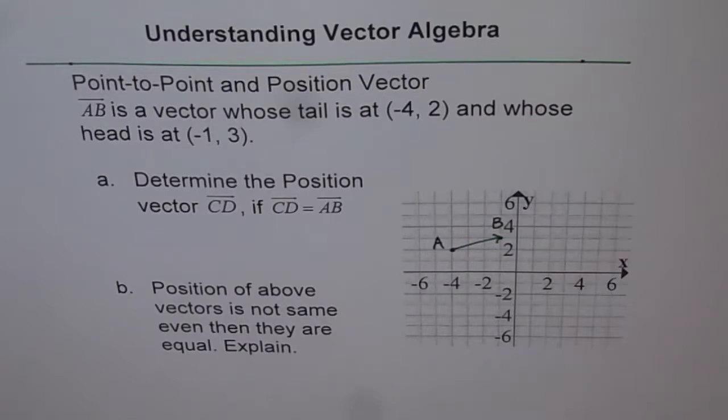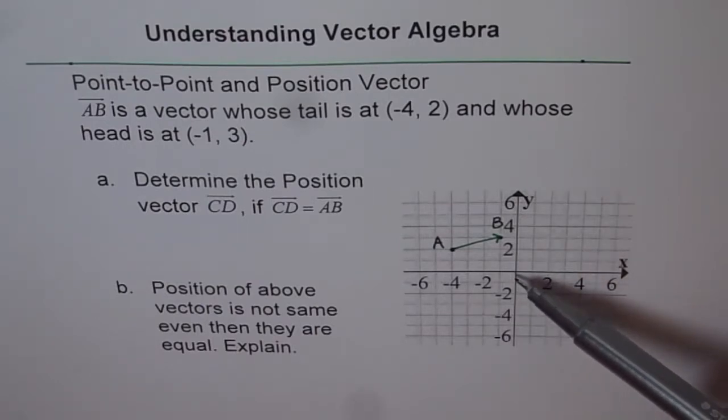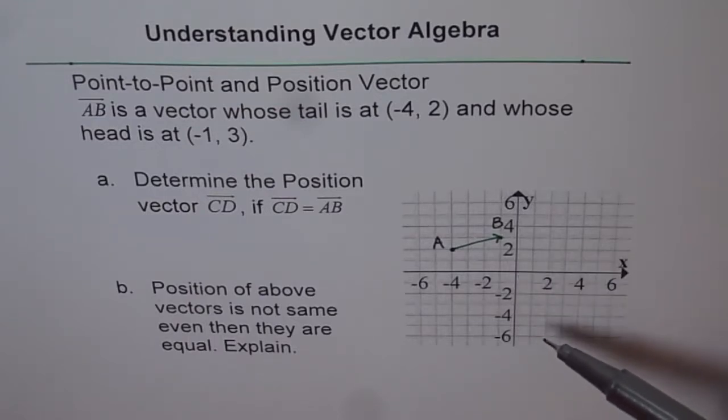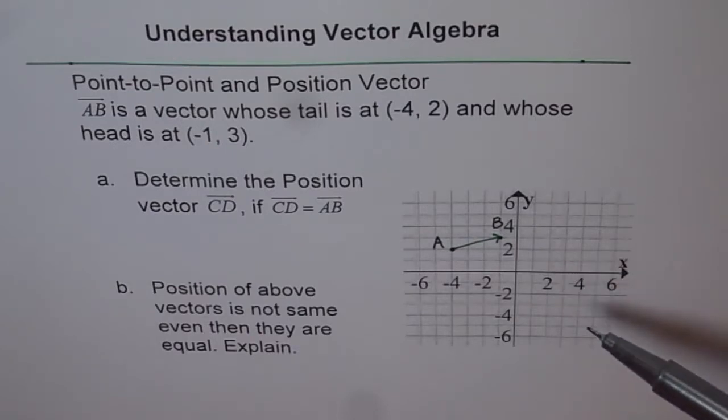So that's kind of funny, right? What we do actually is that we try to position all our vectors with their tail at origin. And then we get a vector. Now, if I put all the vectors with tail at origin, I can very easily compare them. It becomes easy, right? That's the whole idea.